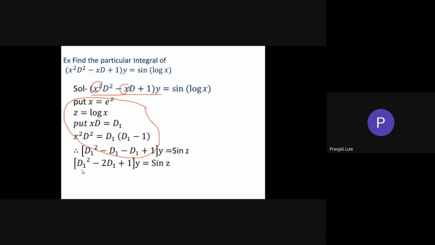According to the right hand side, we have to apply case number 2, that is, the right hand side is sine ax or cos ax. So here find out the particular integral. The particular integral equals 1 upon D1 square minus 2D1 plus 1 into sine z.